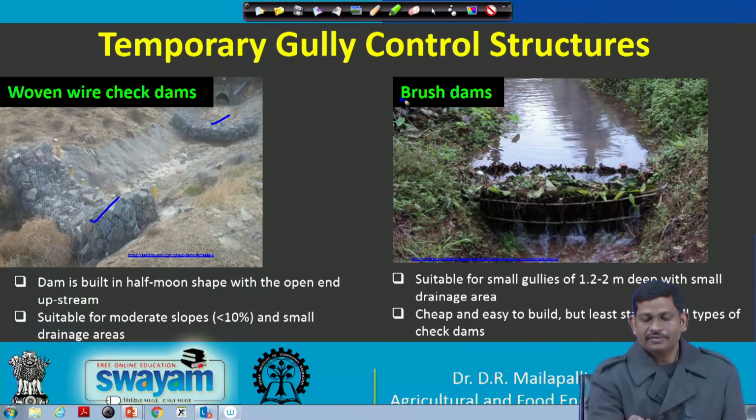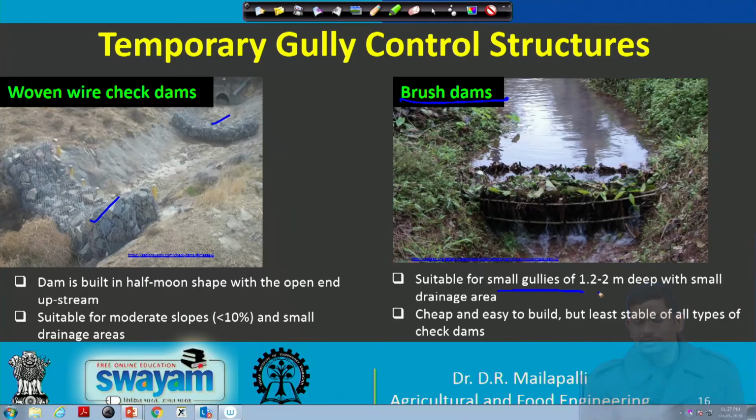And the second one is brush dams. This is mostly suitable for woody areas, like the forest areas. The small gullies are 1.2 to 2 meters deep with a small drainage area, and it is cheap and easy to build, but least suitable for all types of check dams.